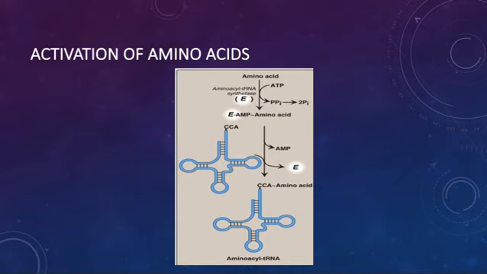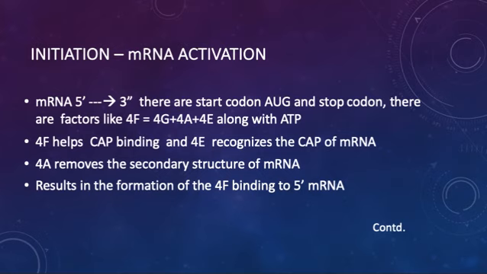Next we'll go on to the initiation process of translation. Under this, the first one is mRNA activation. The mRNA, we always read it from the 5' end to the 3' end, and there are start codons, that is AUG, and there are stop codons. There are also factors like 4F, which is made up of 4G, 4A and 4E along with an ATP molecule.